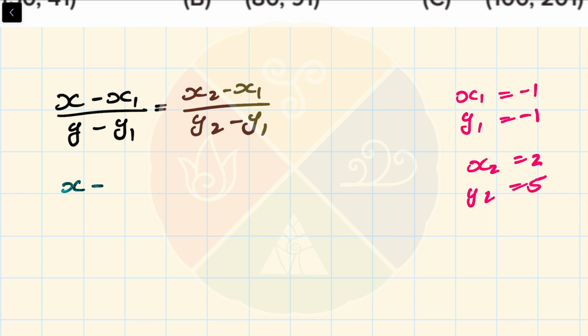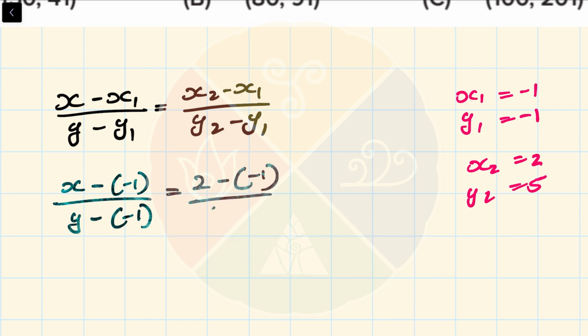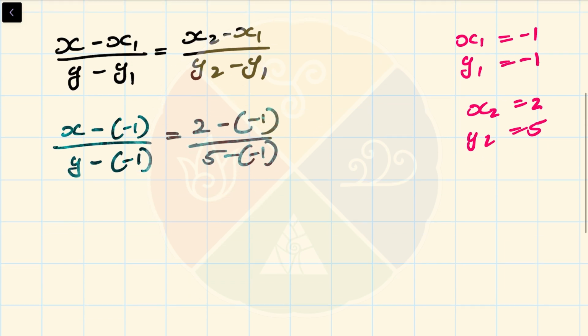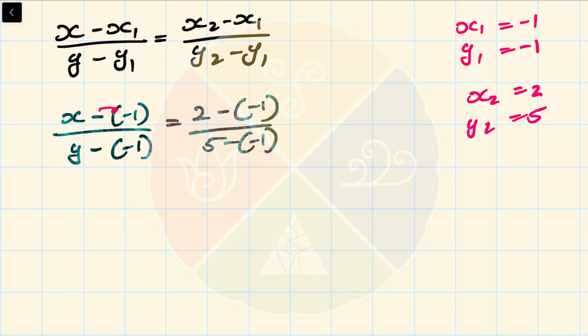X minus, what is x1? Minus 1, by y minus 1, is equal to x2 which is 2 minus of minus 1, by 5 minus of minus 1. Now these minuses will go inside and make them plus.